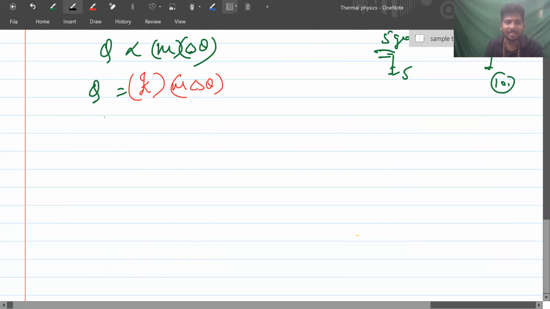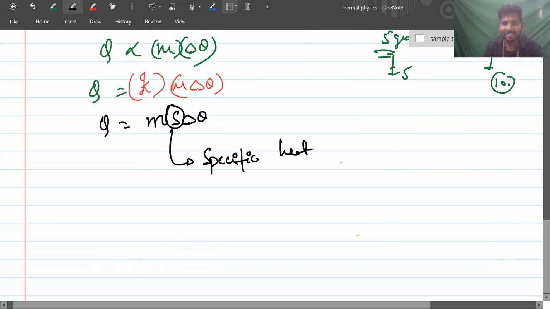This constant S is called the specific heat of the substance. You know this formula; you have applied it a number of times, in physics and in chemistry also.